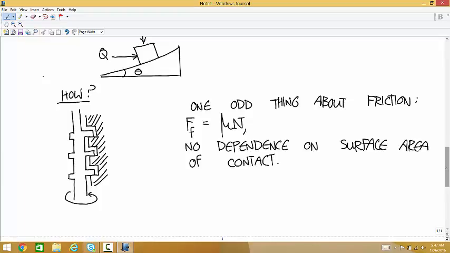That normal force here is distributed over a 1 centimeter diameter circle, and here it's distributed over a 0.3 meter by 0.3 meter square. If these are the same material and they're both smooth, and you get the same normal force of contact, even though this is distributed over a tiny surface and this over a big one, those friction forces are essentially the same. It's odd, but that's what this equation says. This equation says that's all that matters, and it doesn't ask for the surface area.